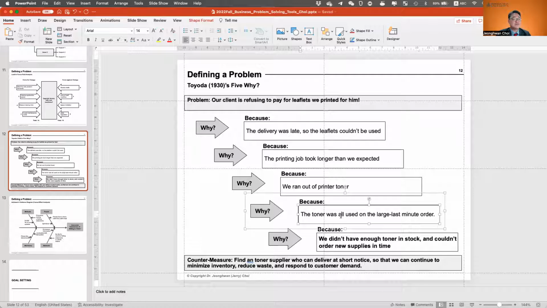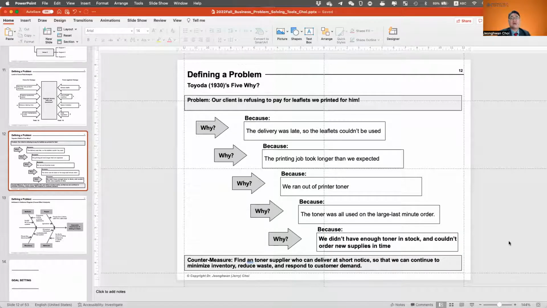Why didn't our management system order the toner before that happened? Because we didn't have enough toner in stock and couldn't order from the supplier in time. Is that a problem of the printing, or is that a problem of the supply chain management or management information problem? Supply chain management.